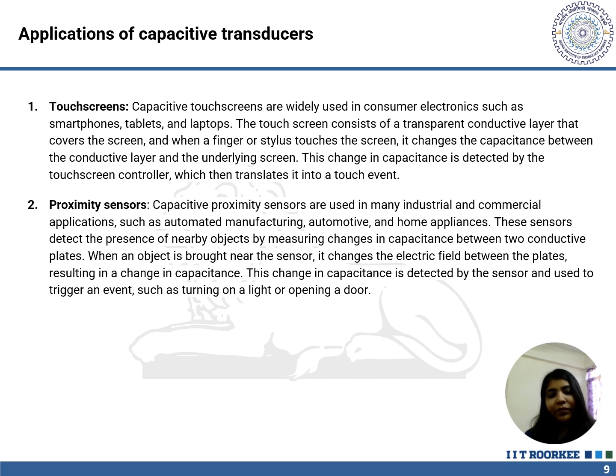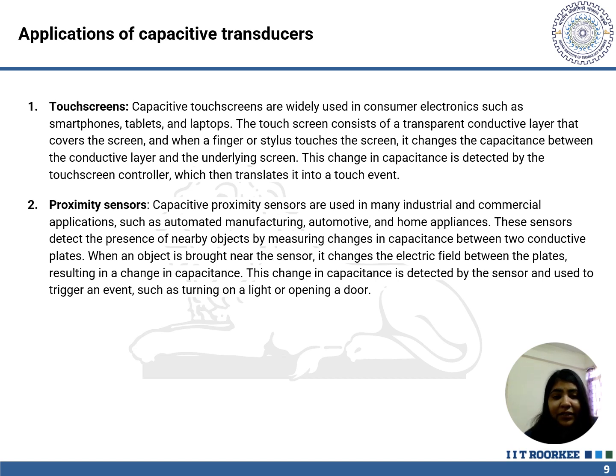Now let's move on to the next part of the presentation, which is the applications of capacitive transducers. First and foremost important application is in the touch screen. They are widely used in electronic devices such as smartphones, tablets and laptops.